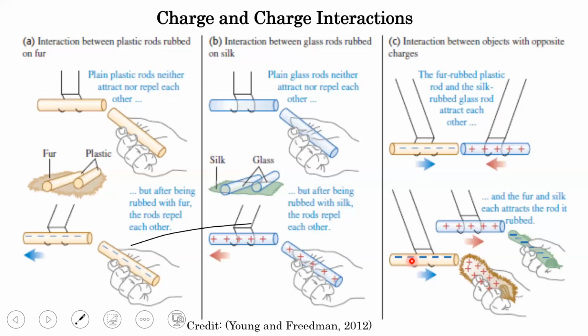Now the plastic rods and the wool have opposite charges. If they have opposite charges, then they should attract. That is the law of nature. Unlike charges attract, like charges repel.